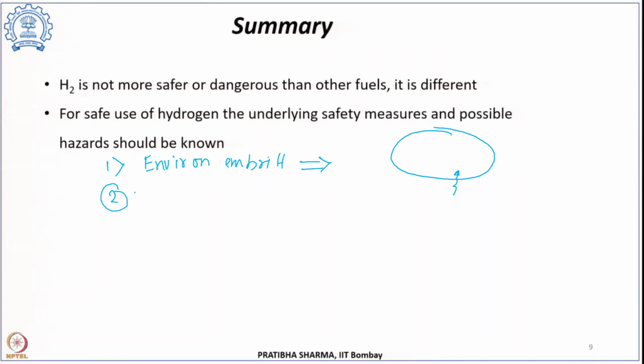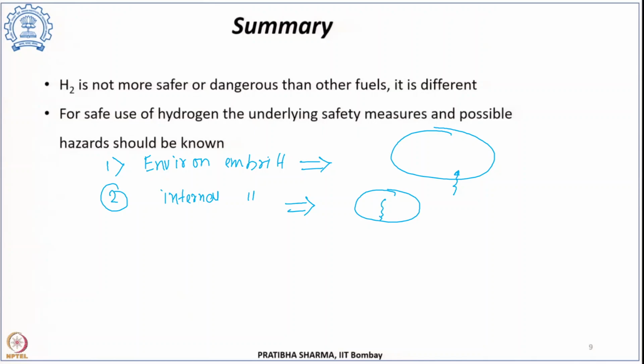Second one is the internal hydrogen embrittlement. That means the presence of the hydrogen inside will lead to hydrogen embrittlement of the material, the material properties will change, and the failure will occur.